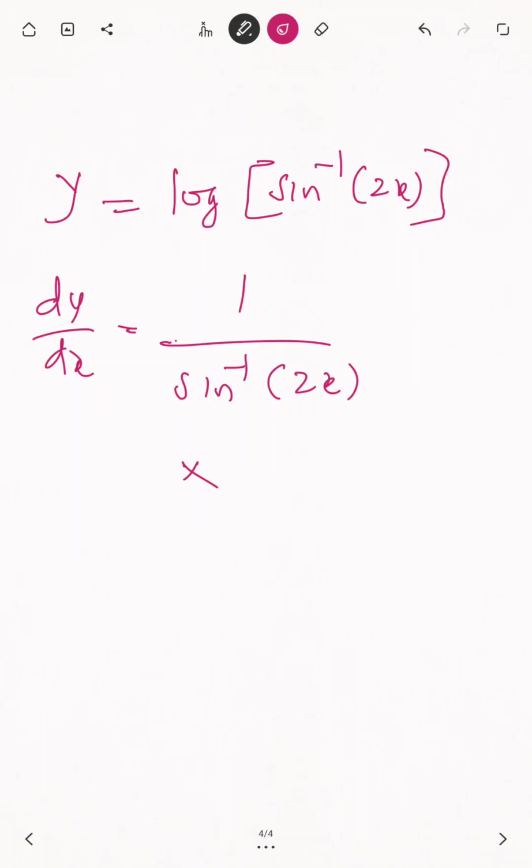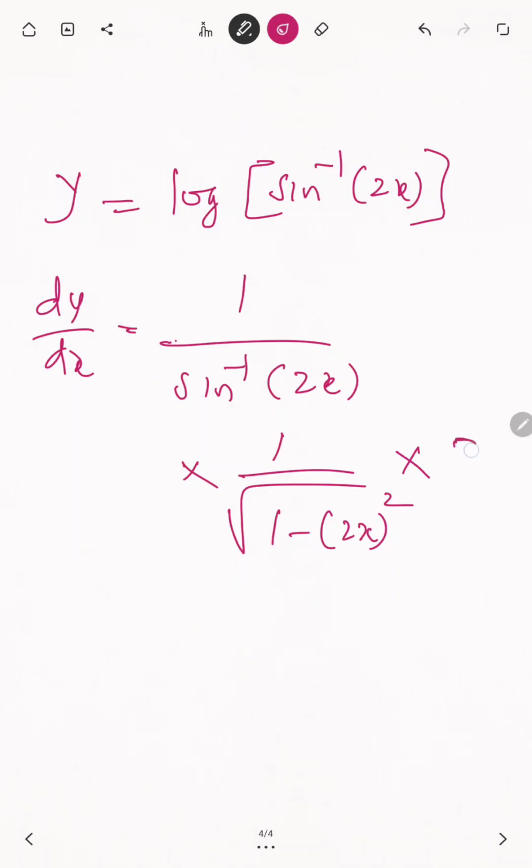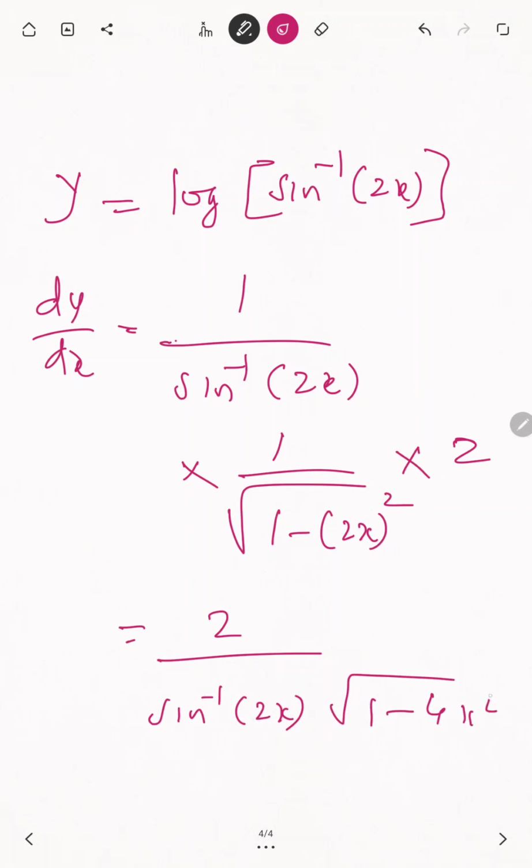Sin inverse x means what? 1 by root of 1 minus x square. Apply the formula I had taken in previous classes, into differential of 2x, 2. So the overall result is 2 by sin inverse 2x into root of 1 minus 4x square.